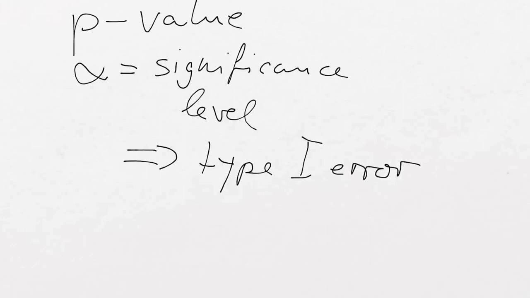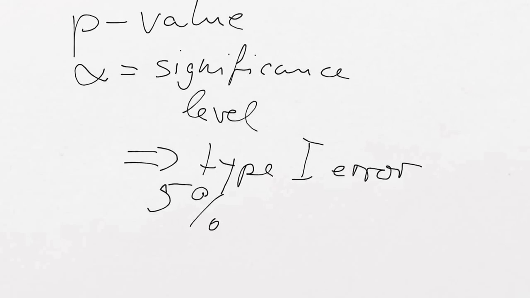Very often we say we accept that in, let's say, 5% of cases we make a type 1 error. So very commonly, this alpha is set to 5%.